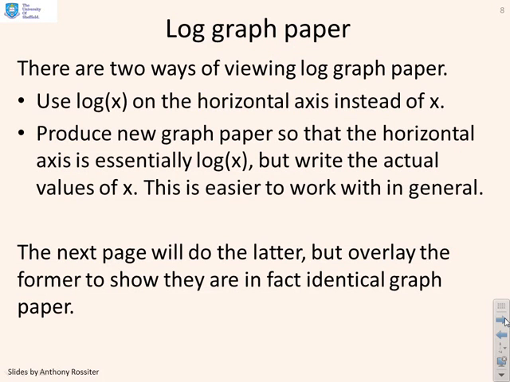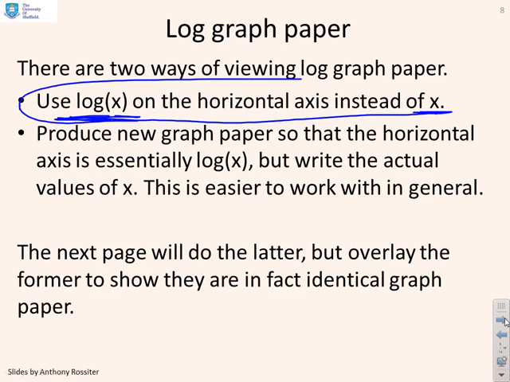Log graph paper. Now there's two ways of viewing log graph paper. Both are valid, and you can use whichever you find easier. Essentially what you're doing is you're using log x on the horizontal axis instead of x. So that's probably what students will have done in school if they use log graph paper. They'd have said, instead of writing x, I'm going to write log x on the horizontal axis.